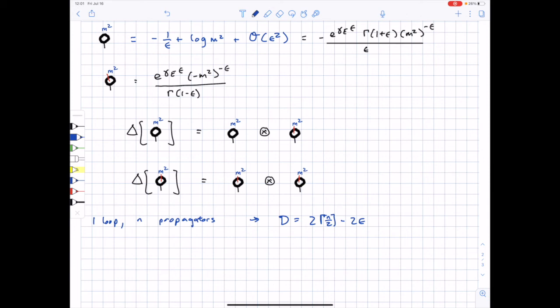It turns out that this is the dimensionality that will give uniform transcendental weight. And moreover, this set of one-loop integrals, as you vary n over all the positive integers, suffices to form a basis of all one-loop integrals.